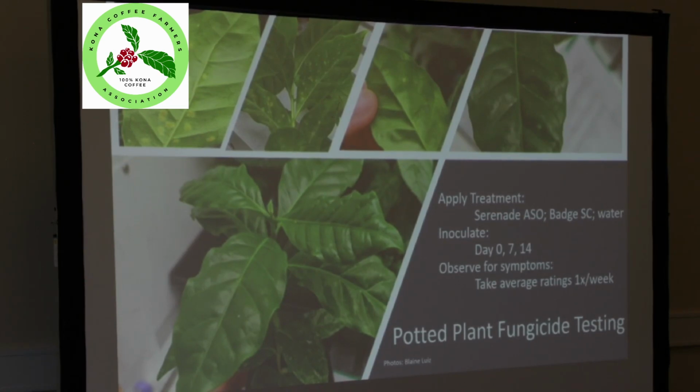We observed for symptoms, taking average ratings once a week for at least 4 weeks, because these are protectants, to see how long they offer protection. And again, this may not exactly equate to what is happening in the field, but it gives a good clue.